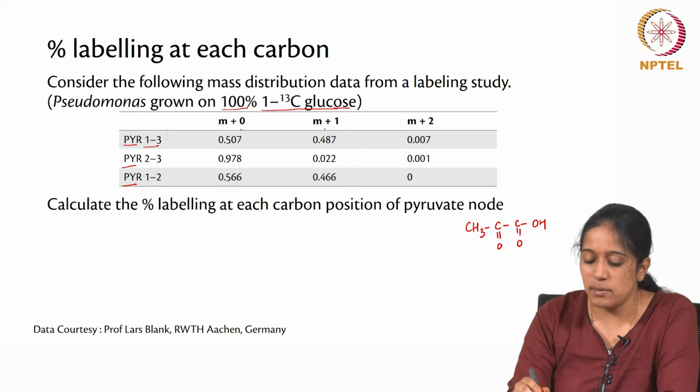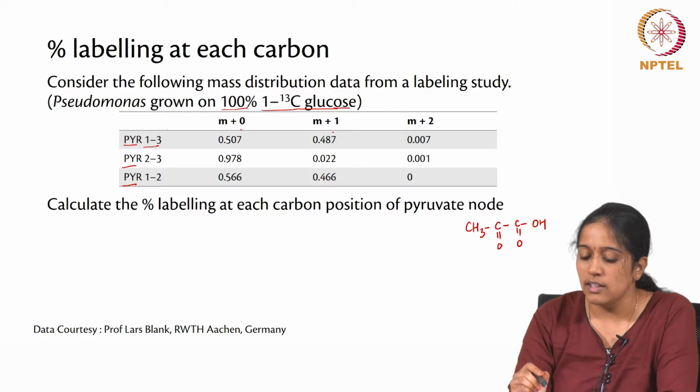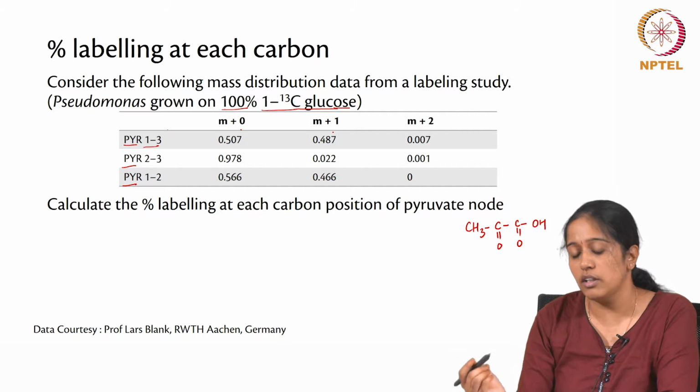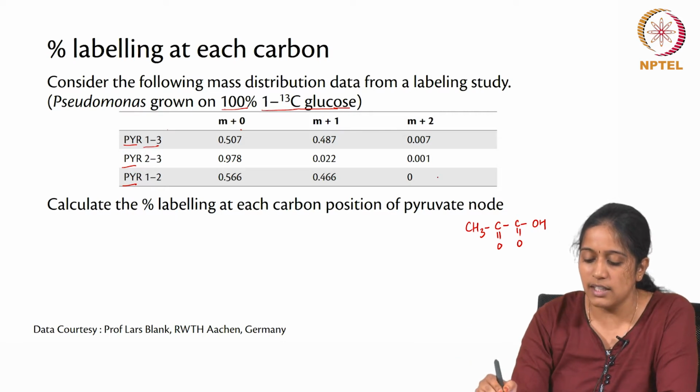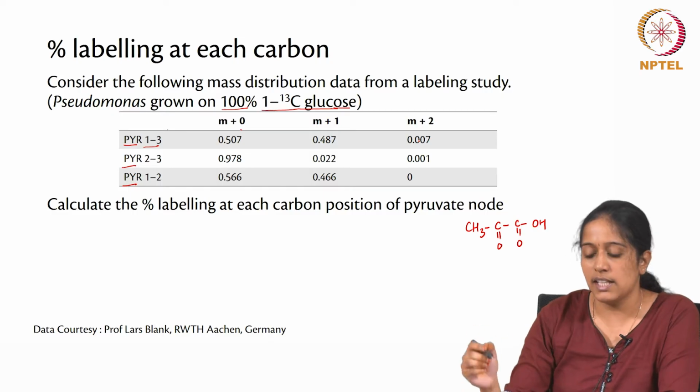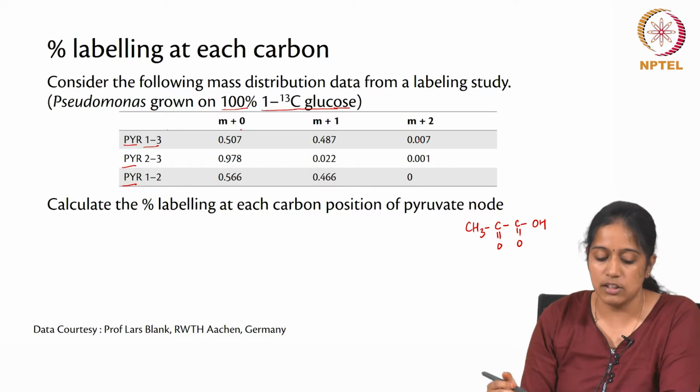M+1 talks about the pyruvate which has 1 carbon labeled, and this one could be in the first, second or third position. Similarly, M+2 can be at the first and second, second and third, or first and third positions.